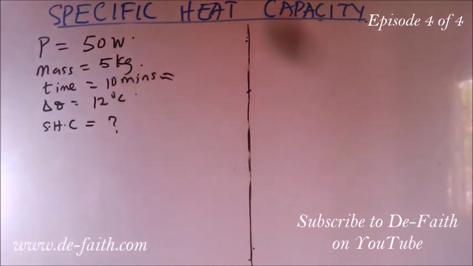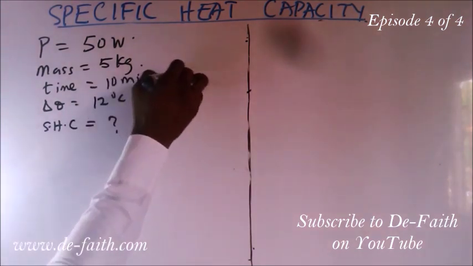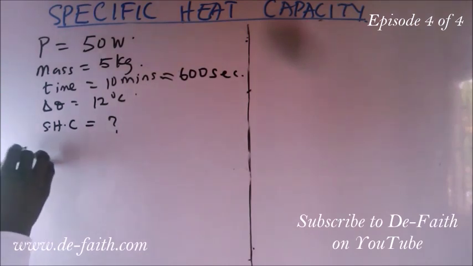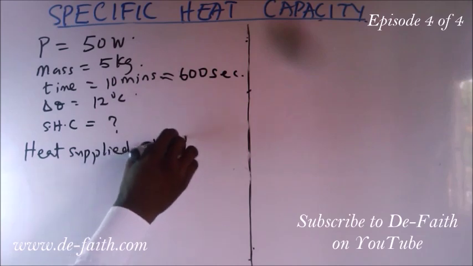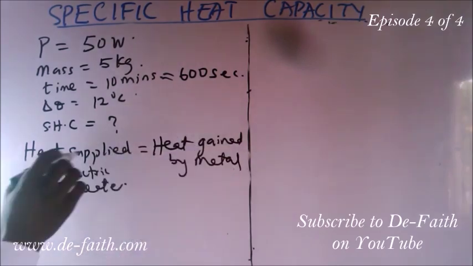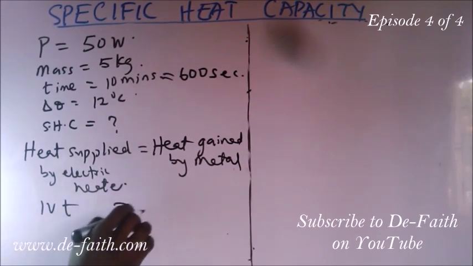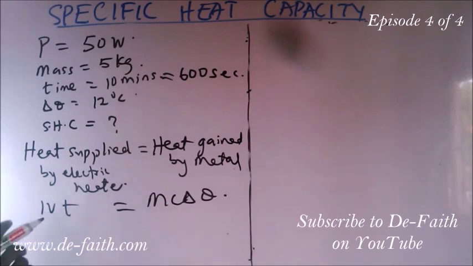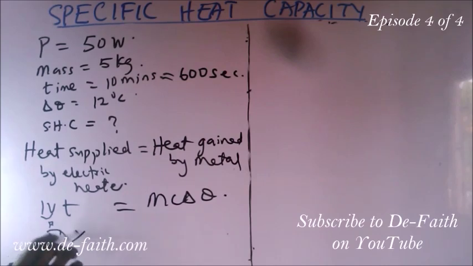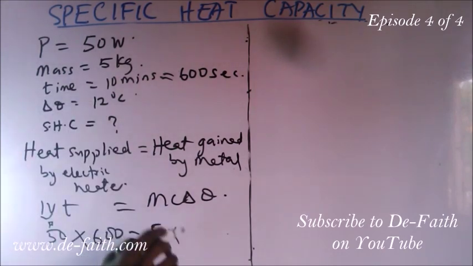First, we convert the 10 minutes to seconds, which is 600 seconds. Then we have that heat supplied by the electric heater is equal to heat gained by the metal. Heat supplied is taken as IVT, and then heat gained by the metal is MC, change in temperature. Now, IV is the same thing as power. We substitute with this power, which is 50 multiplied by time, which is 600, equal to mass of the metal, which is 5, specific heat capacity is unknown, change in temperature is 12.